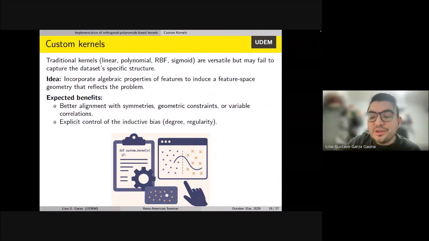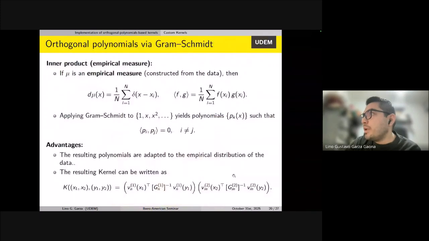And with those polynomials, you can construct the kernel to use it with the SVM, the support vector machine. The idea is that since we're constructing the polynomials using the points, they might be able to capture the structure and describe them better. So that's our hope. And this is the procedure I talk about.